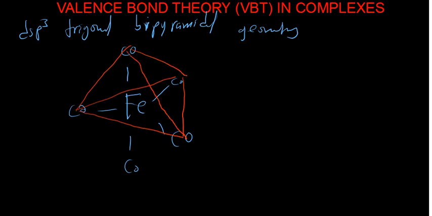So we can see a pyramid on top, and then down is going to form a pyramid. Because the base here is a triangle, that is why we call it trigonal. And then bi means we have 2 pyramids, on top and down. So whenever we have dsp3 hybridization, it gives us the trigonal bipyramid.